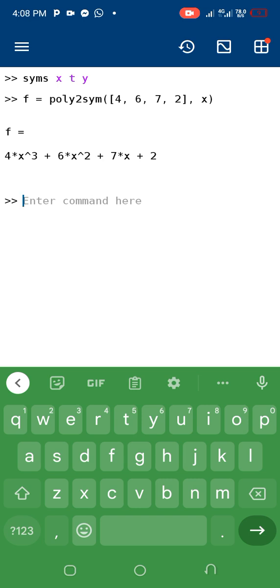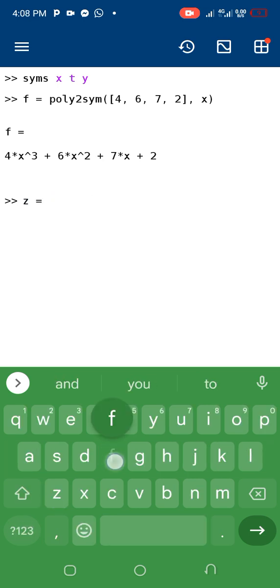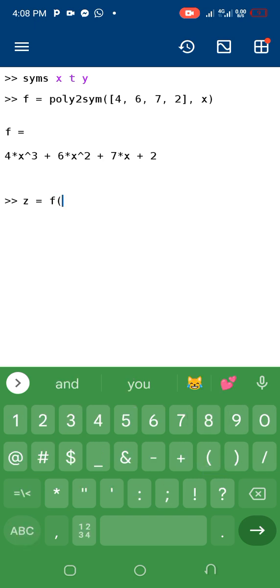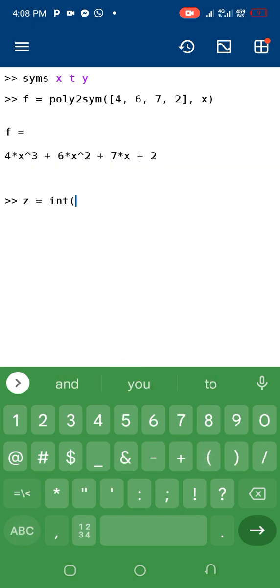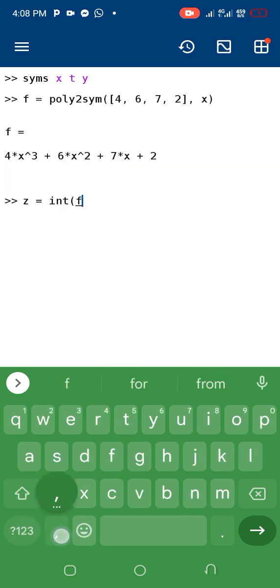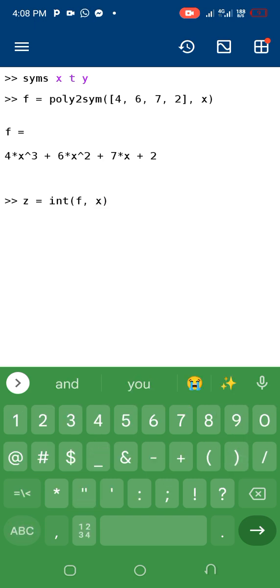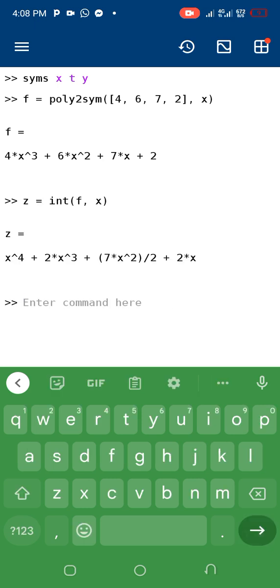We want to integrate, so what we do, we create a function z, which is the integral of f. So what happens, we say integral using function int, we say f with respect to x, and we can say enter, and that is the integral.